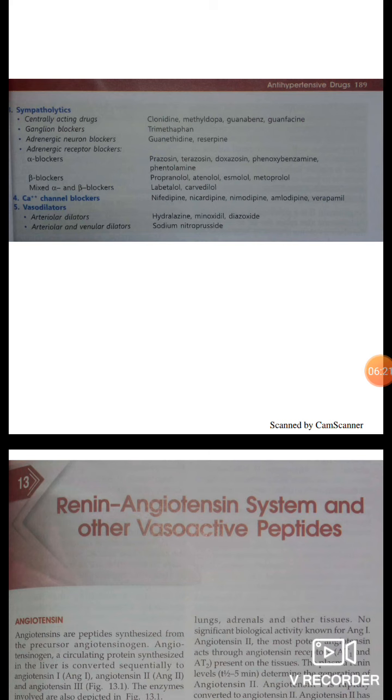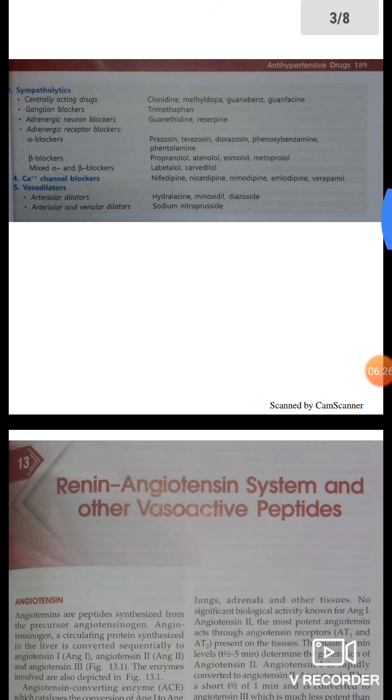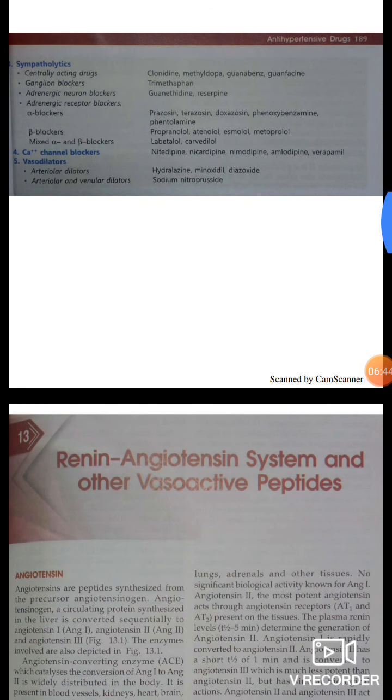The names suffixed by lol are included in beta blockers. Then mixed alpha and beta blockers, meaning the drugs which block both alpha as well as beta receptors. It includes labetalol and carvedilol.